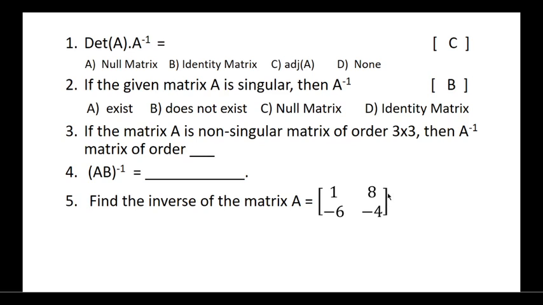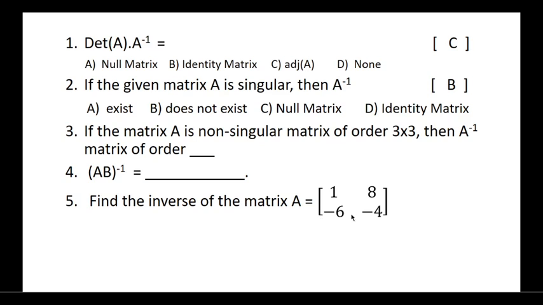Next, the cofactor of 8. This 8 lies in the first row, second column. So minus 1 whole to the power 1 plus 2 into its minor minus 6, that is minus 1 whole cube into minus 6, becomes plus 6.